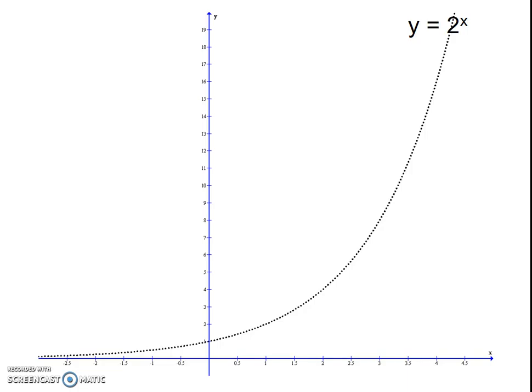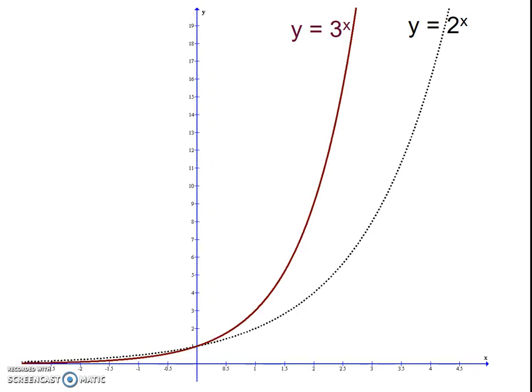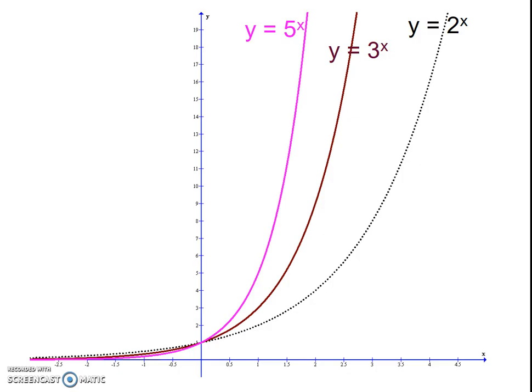We'll just keep that there and look at 3 to the x. So you can look at the differences now. Well, similarity, they both go through 0, 1, because 3 to the power 0 equals 1, just like 2 to the power 0 did. But you can see on this side it gets closer to the y-axis, and on this side it gets closer to the x-axis. Okay, and how about 5 to the power x?